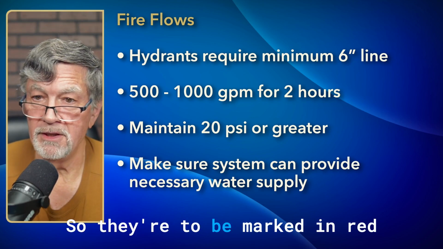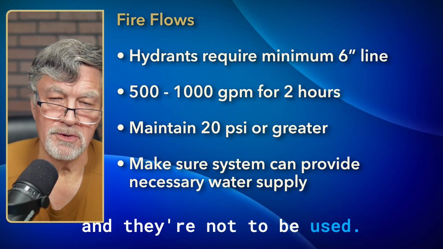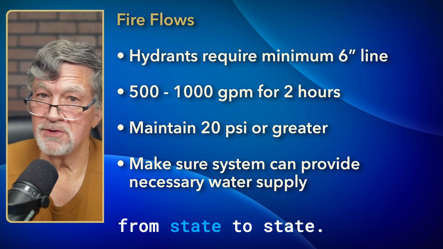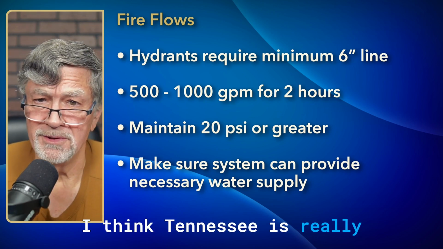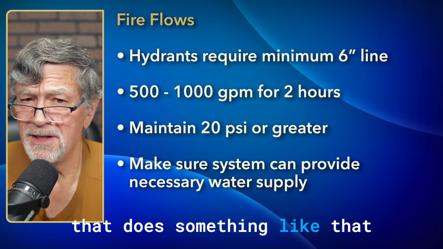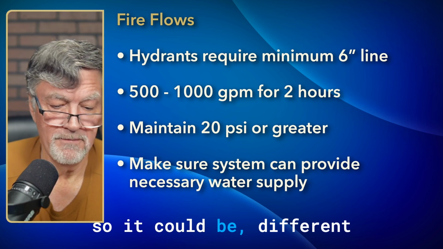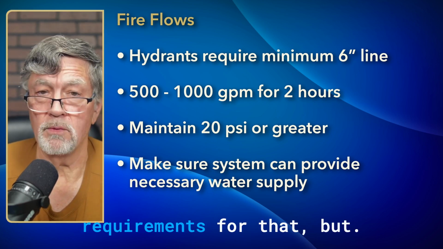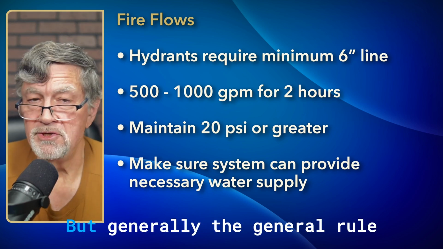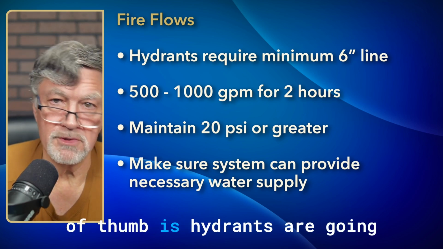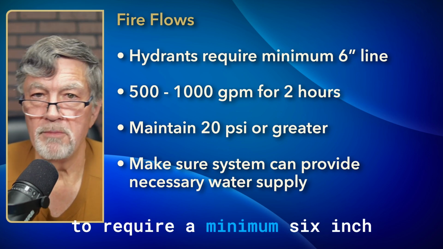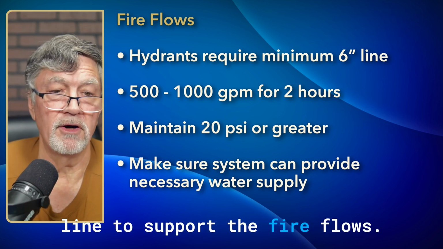They're to be marked in red and they're not to be used. That's going to vary from state to state. I think Tennessee is really the only one I know that does something like that, but I haven't checked them all, so different places might have different requirements. But generally, the rule of thumb is hydrants are going to require a minimum 6-inch line to support the fire flows.